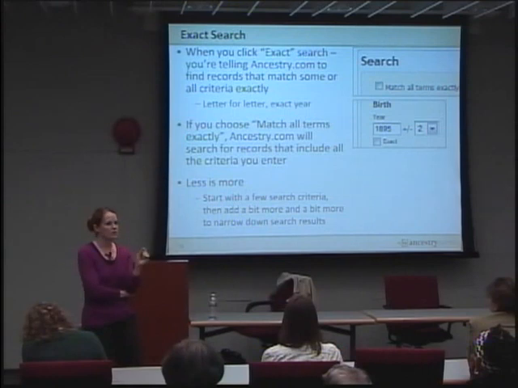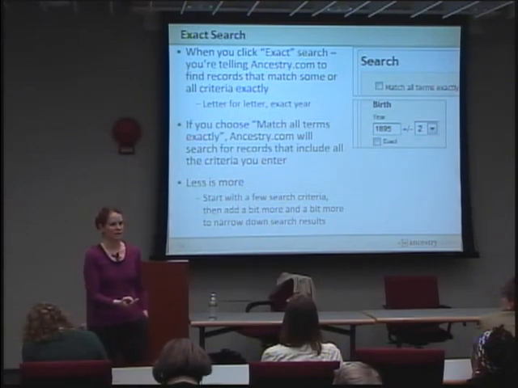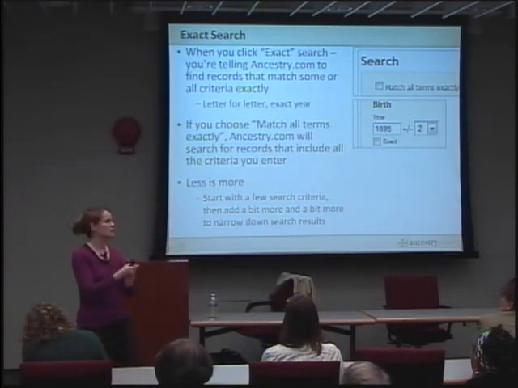If you're doing a year range, I always suggest doing at least a 1 or 2 year buffer zone. So if I were to check exact, it's going to search for people born between about 1893 and 1897. I know that my great-grandfather was born in 1895, but he might show up in another record as being born a year before or a year after. So this is going to help. This is not going to limit me.